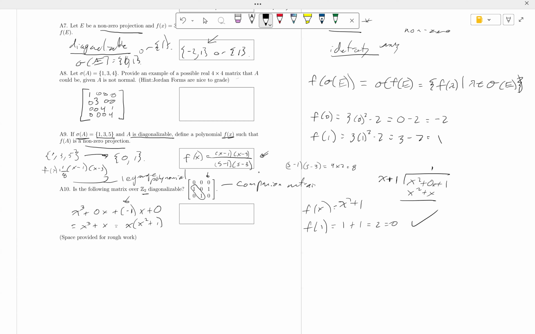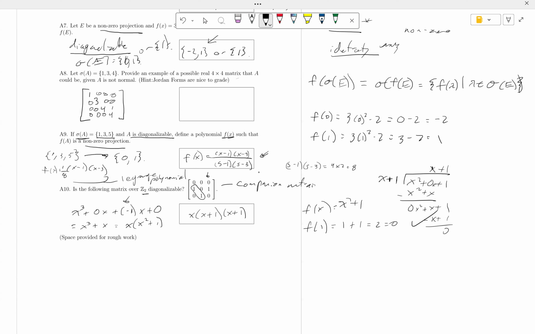Remember, subtracting is adding the additive inverse. So it becomes 0x squared, plus x plus 1. This is x plus 1. So x plus 1 gives me 0. So my polynomial is x plus 1, x plus 1.